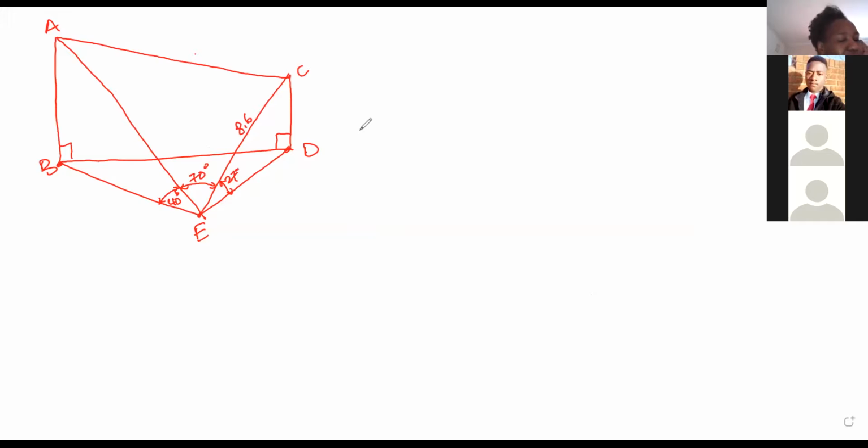Steel cables AE and CE anchor the poles at E. Another steel cable connects A and C. CE is 8.6 meters. BE is 10 meters.